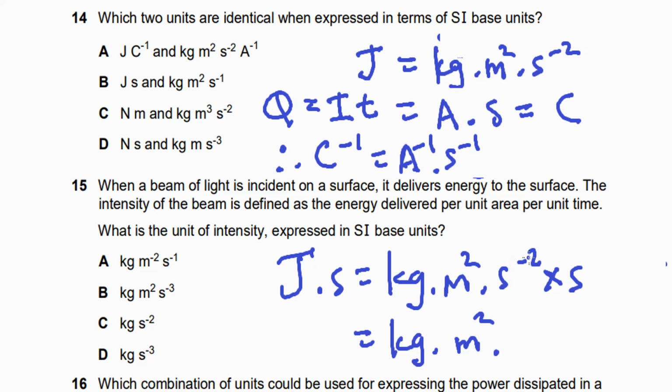Then s to the negative 2 times s, there's a power of 1 here that we don't write. When we multiply the s's, we add the powers. So negative 2 plus 1 is negative 1. So it's s to the negative 1. And this is what we have here. So the answer here then will be B.